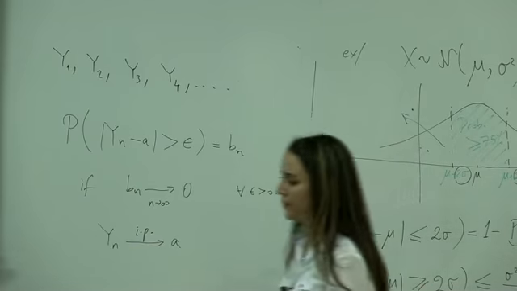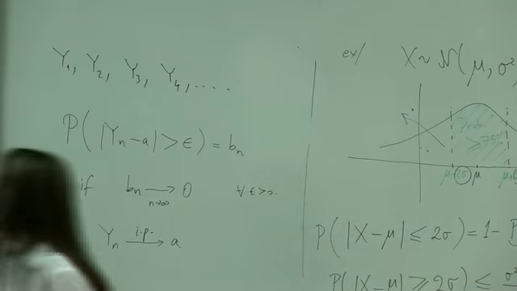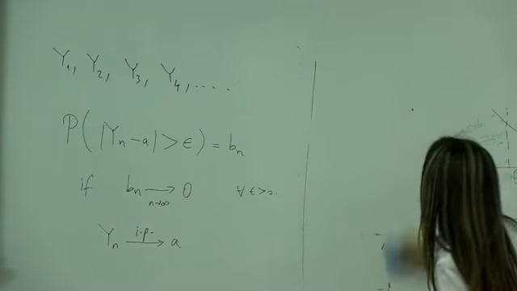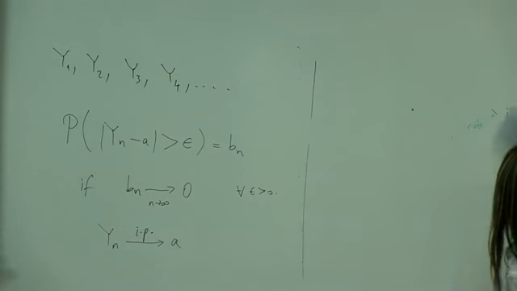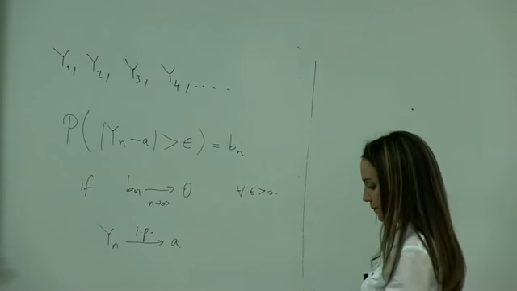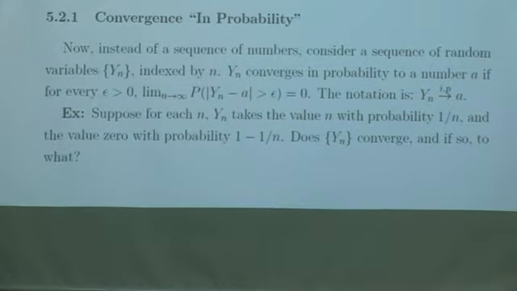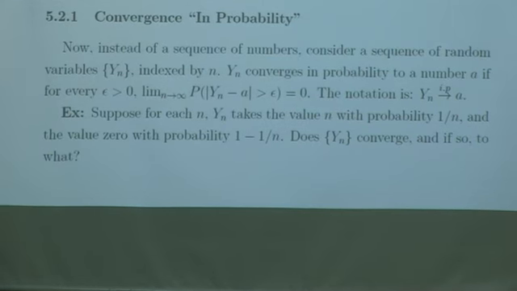Let's just see an example. I think the best way is to make this concrete. So here's the example. Suppose for each n, Yn takes the value n with probability 1 over n, and the value 0 with probability 1 minus 1 over n. Does Yn converge, and if so, to what? Let's look at the probability mass function of Yn.